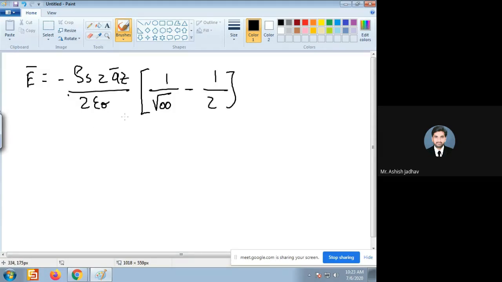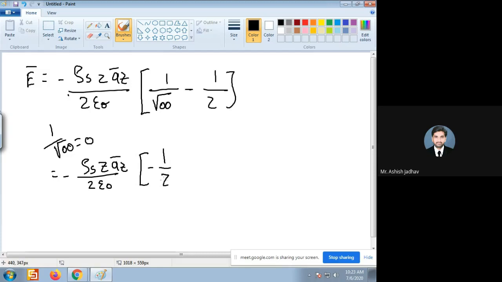So what is 1 upon under root infinity? It is equal to 0. So if I write this into the expression, I get minus rho s z a bar z upon 2 epsilon naught into minus 1 upon z. Minus minus becomes plus, and z gets cancelled.